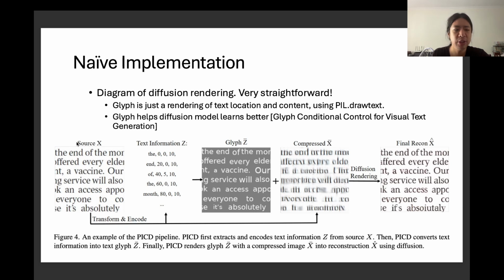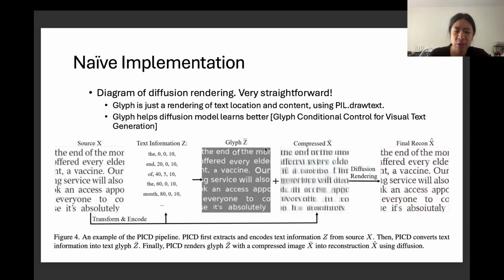So the diagram is, we have a source image x, we extract the text information z, we render the z into the graph, and along with the compressed image that is optimized in a mean square error pattern, we combine them together, and we use an algorithm named diffusion rendering to combine them into the final reconstruction.